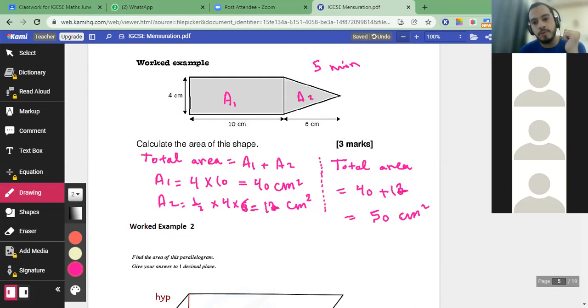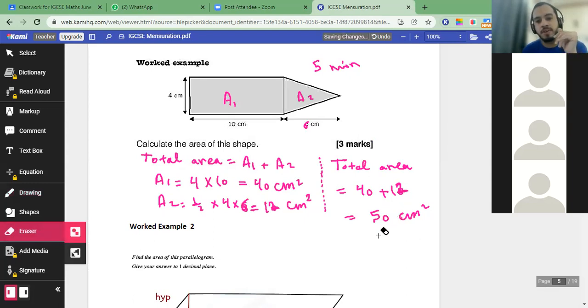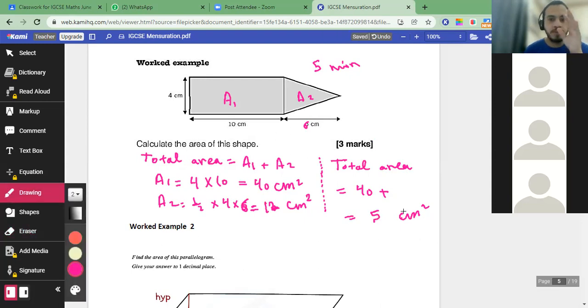Which one is 6? This is 5. No, it is 6. Consider it 6. It will be 52. Okay. It doesn't matter, 5 or 6 doesn't matter.